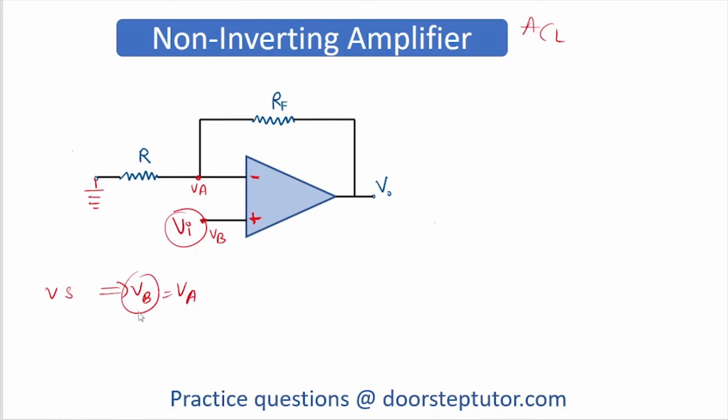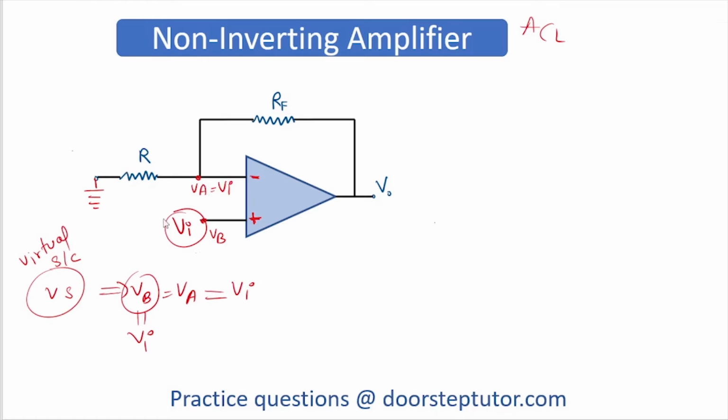Since node B equals Vi, node A will also have the same voltage, that is Vi. This is all because of the concept of virtual short circuit. So at node A we have the voltage equal to Vi.